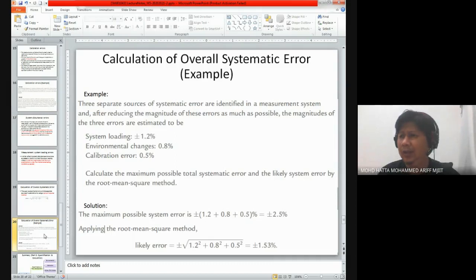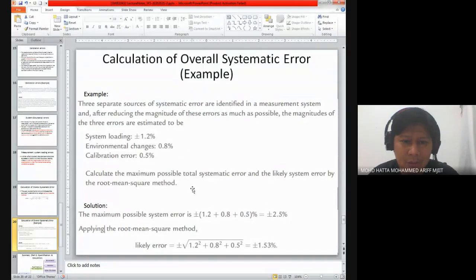I have an example here. The question says three separate sources of systematic error are identified in a measurement system, and after reducing the magnitude of these errors as much as possible, the magnitudes of the three errors are estimated to be: for system loading, plus minus 1.2%, environmental changes 0.8%, calibration error 0.5%.